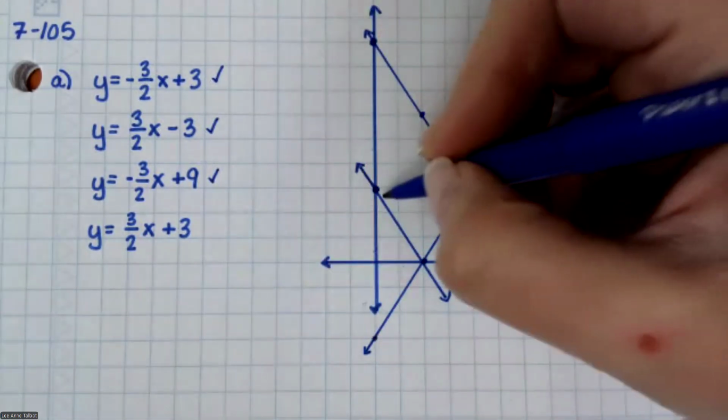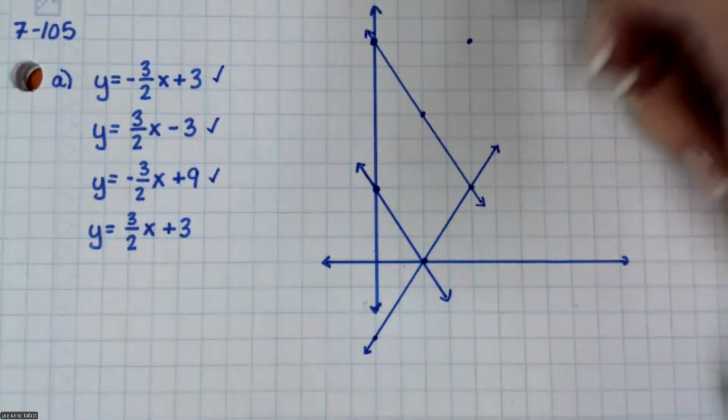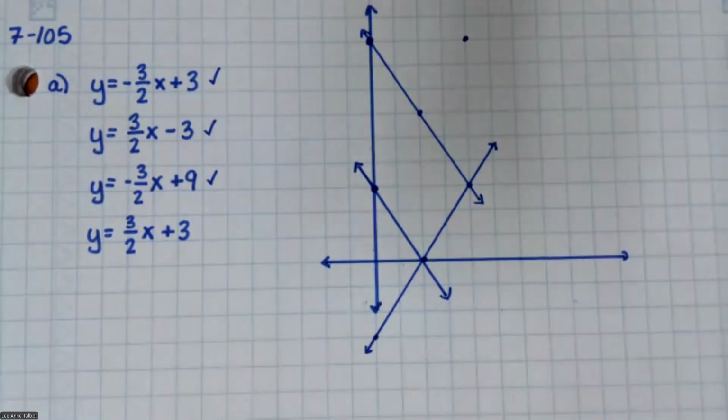And last one, up 3, and then up 3 over 2, up 3 over 2.